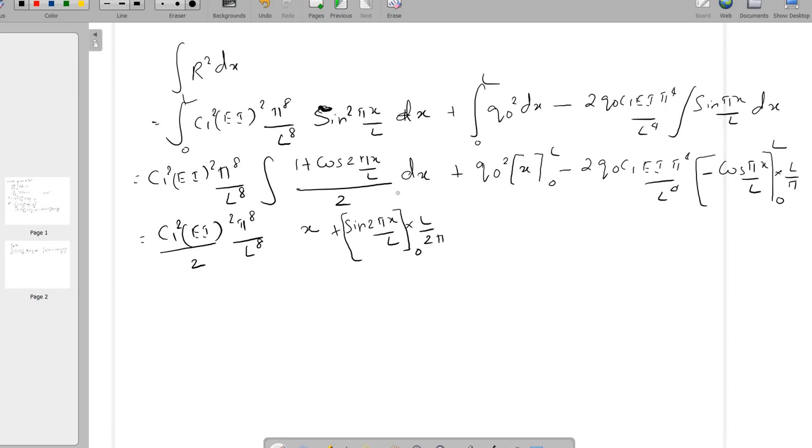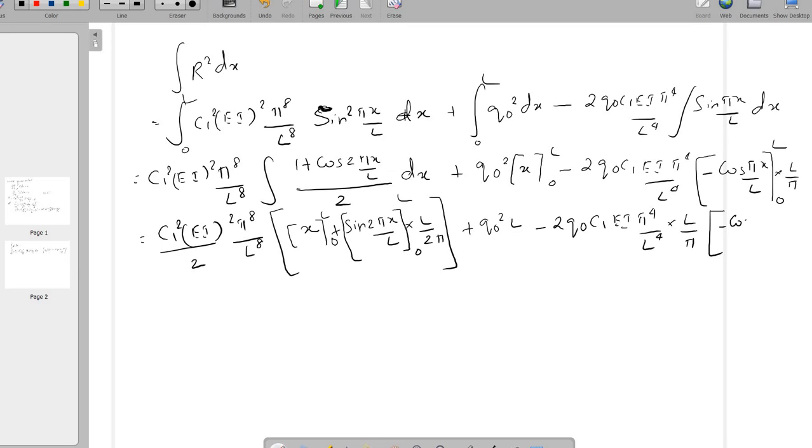So the limits 0 to L for x. So this constant is common for the first term, plus q naught square L, minus 2 q naught c1 ei pi power 4 by L power 4. I am taking L by pi outside.